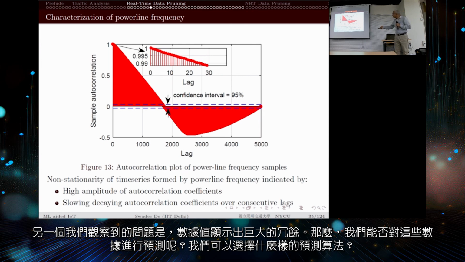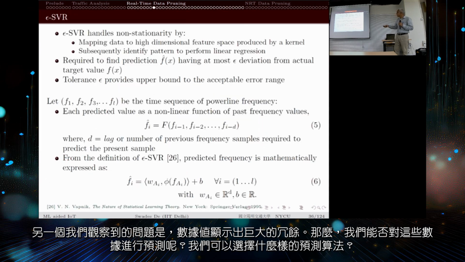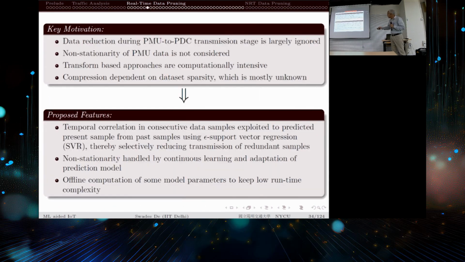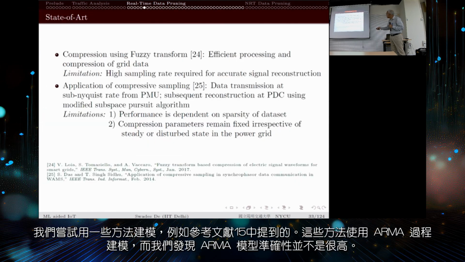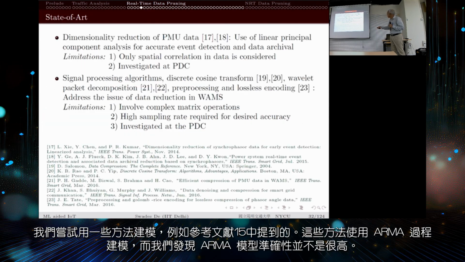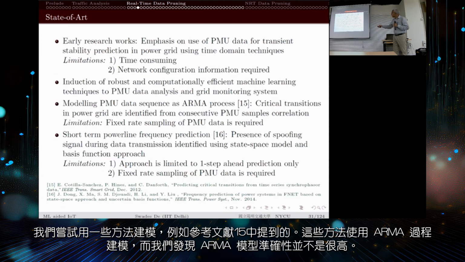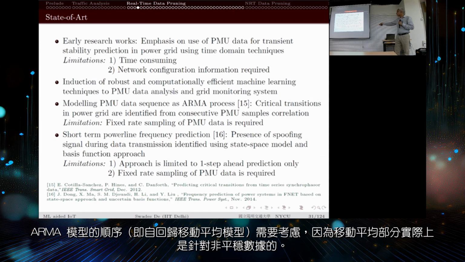By observing the data values, we figured out that this data has tremendous redundancy. So the question is, can we predict the data, and what kind of prediction algorithm could we use? There are some papers, such as reference 15, that tried to model it with an ARMA process.